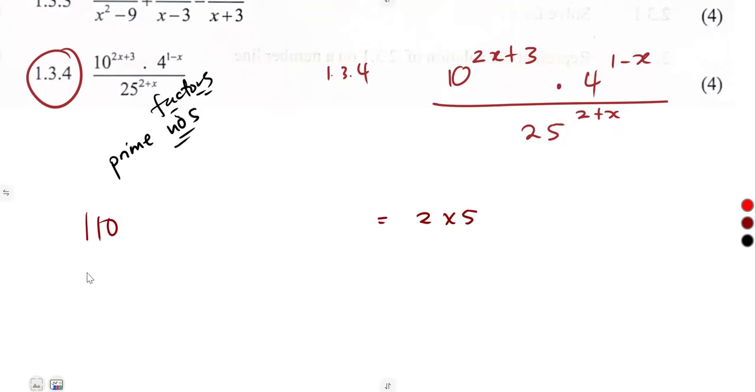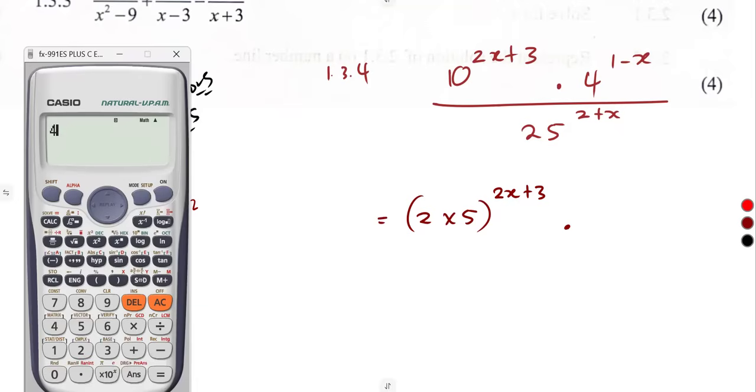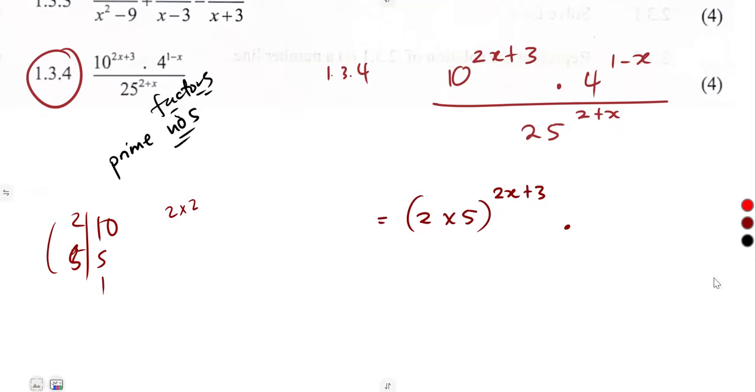So you can even just use 2 into 10, that is 5. 5 into 5, that is 1. So 2 times 5, raised to the exponent of 2x plus 3, times 4. Actually 4, guys, we know that's 2 times 2, which is 2 squared. Or you can use your calculator. 4 is equal to, then shift, fact, 2 squared. So 4 is the same as 2 squared raised to the exponent of 1 minus x.